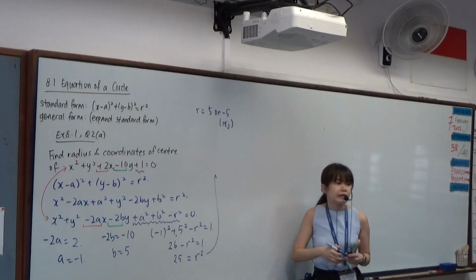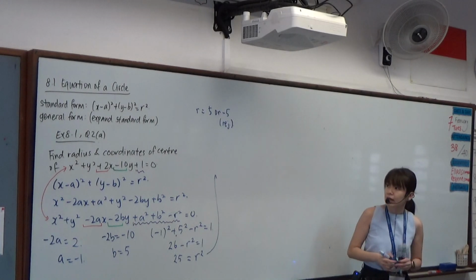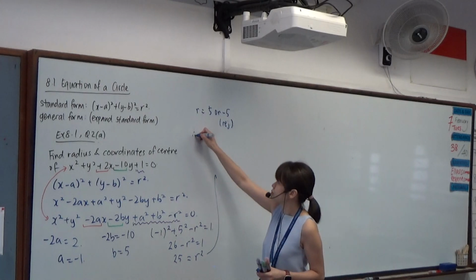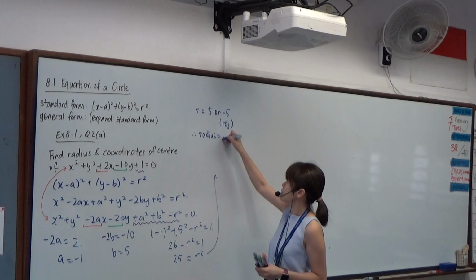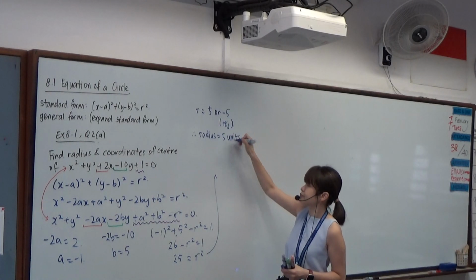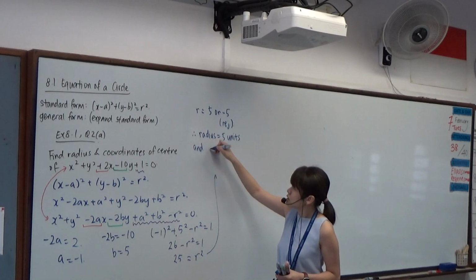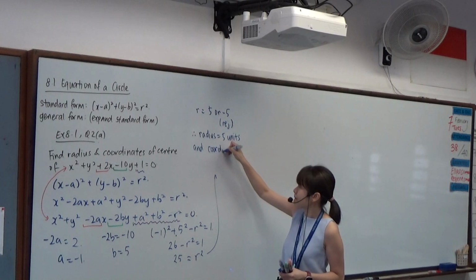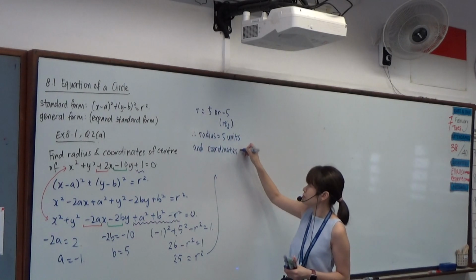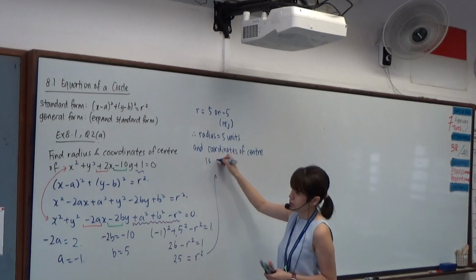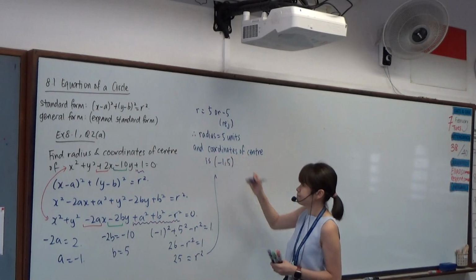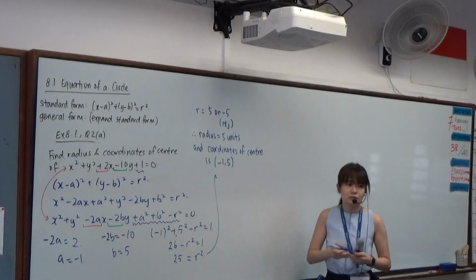We reject the negative 5 since radius cannot be negative. Therefore, radius equals 5 units, and coordinates of center is (-1, 5).